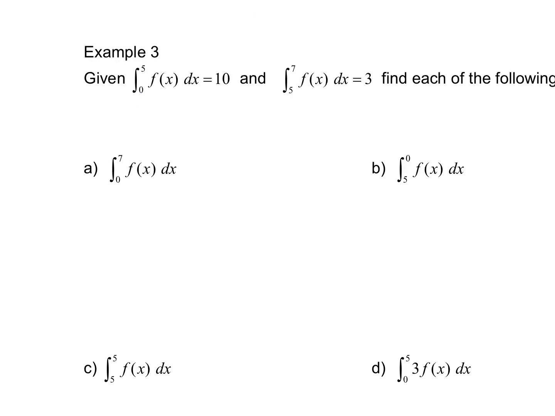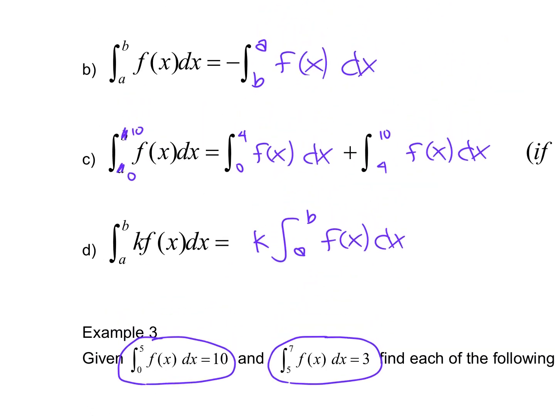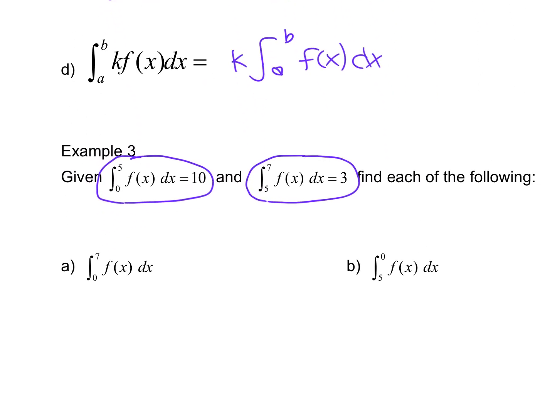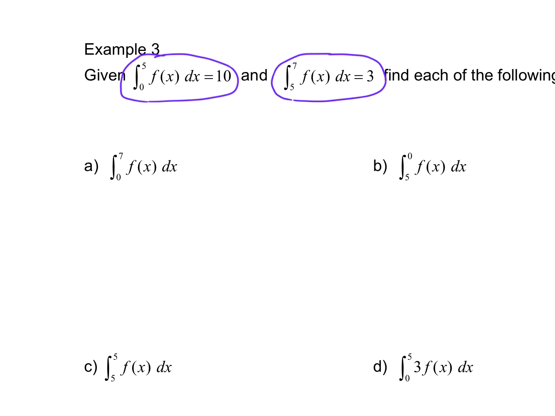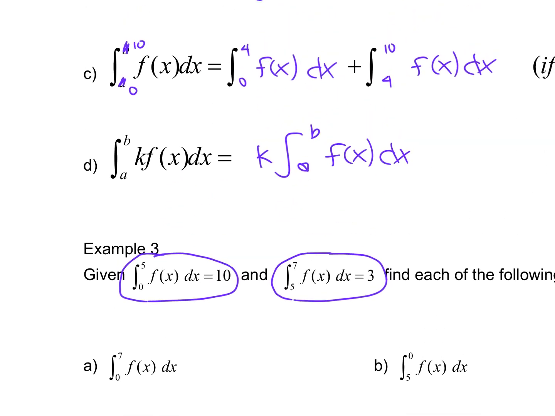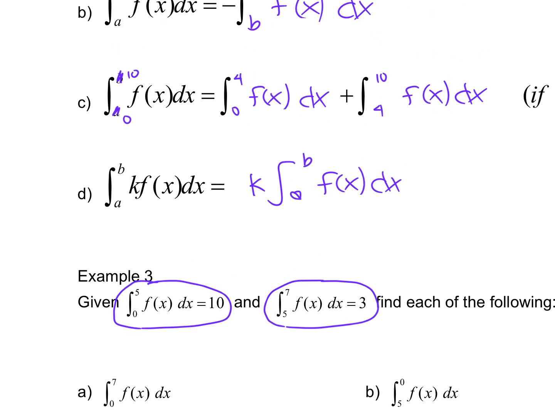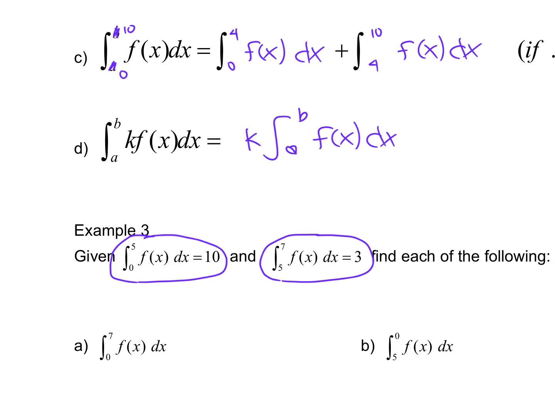Okay, so for our last example here, we are given that the integral of f of x from 0 to 5 is 10, and we're also told that the integral from 5 to 7 is 3. So we're going to use that information and the properties that we just talked about up here in order to help us figure that out. If we want to find the entire integral from 0 to 7, we don't have that exact information given, but we do know from our property C up here that you can find a full integral by adding together the pieces.